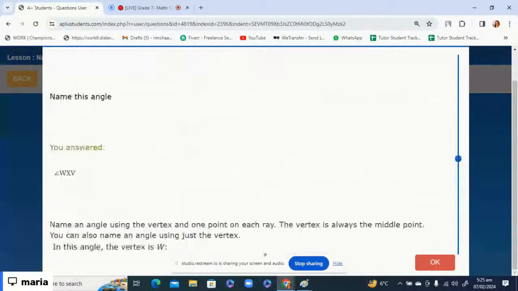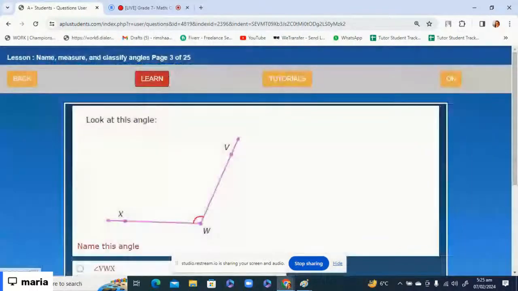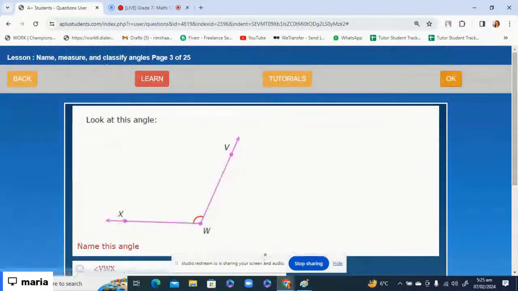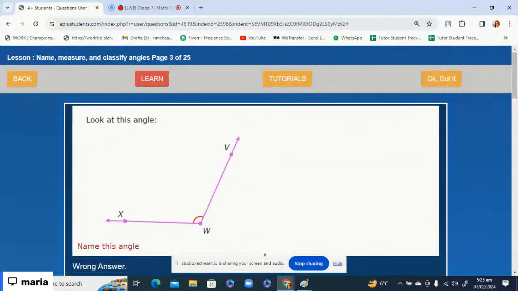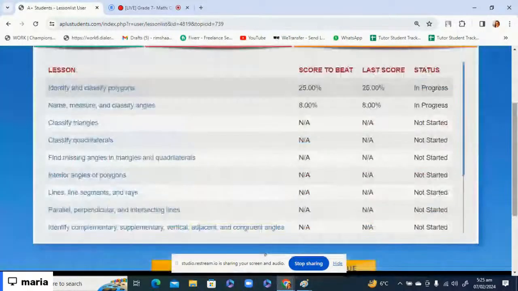Okay. So check. It's VWX or WXV, because the angle lies on W. So we can put W at the start and then just check. Okay. Now look, I'm just going to solve one more question for that.